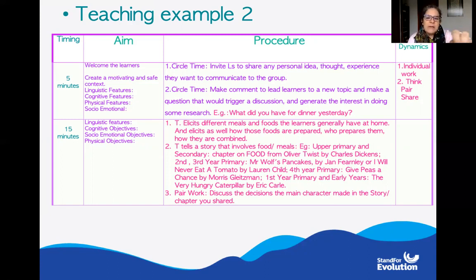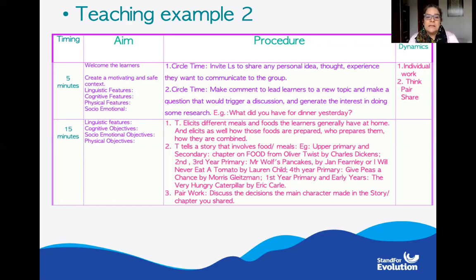But from here as well, you might be pulling the thread again in order to talk about, for example, food, but also might be discussing gender issues, as for example, who prepares the food, who is the one who generally does the cooking at home, maybe the father, the mother, maybe both, maybe the children. So social aspects that you might be interested in.